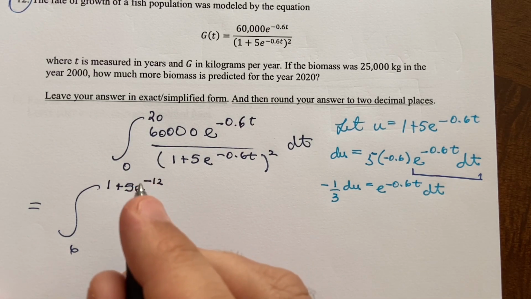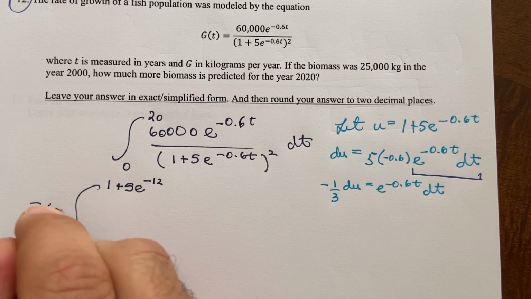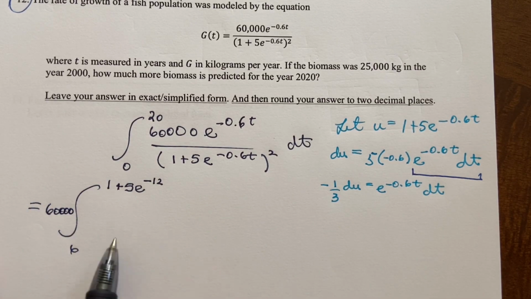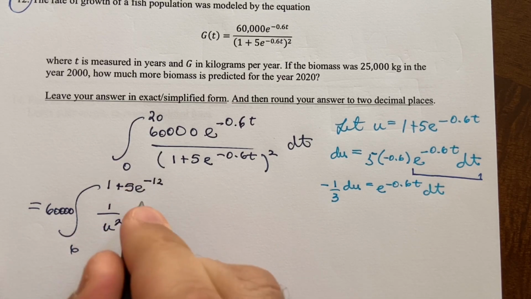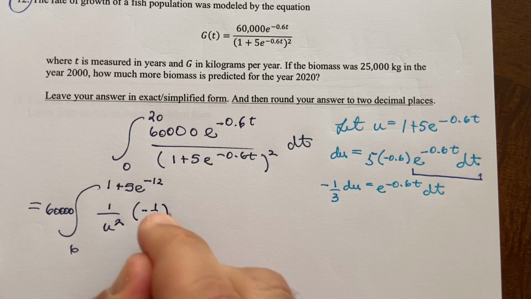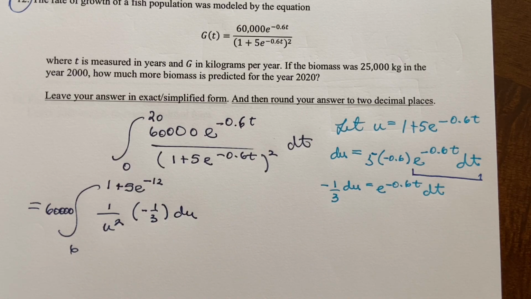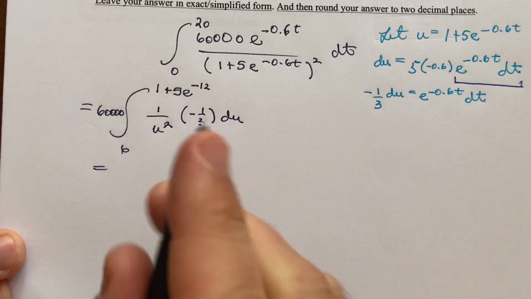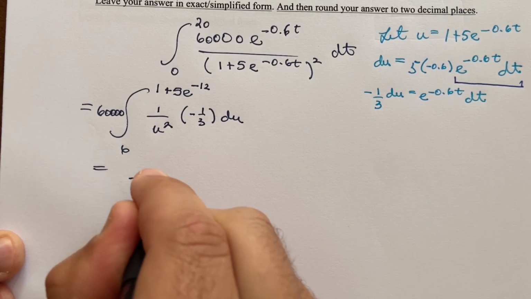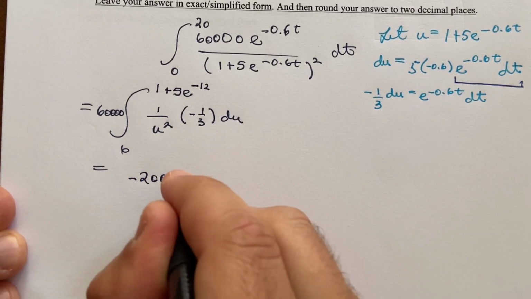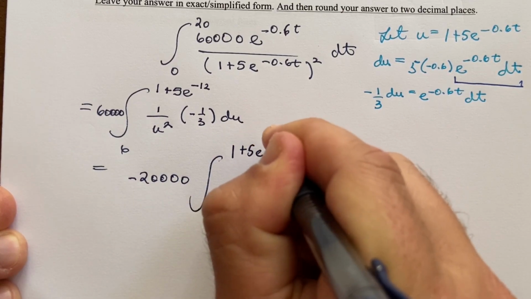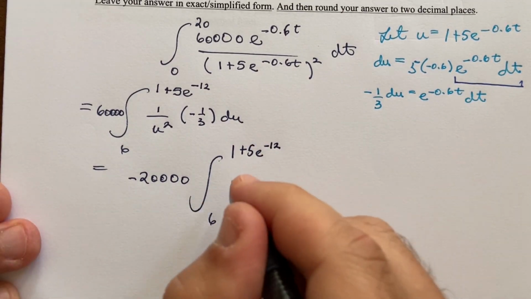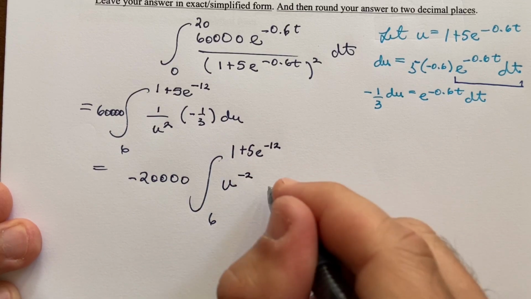And then we'll have, maybe I'll write the 60,000 out front. And then 1 over u squared times negative 1/3 du. So you can simplify that down to negative 20,000 if you bring out the negative 1/3. 6 to 1 plus 5 e to the negative 12 u to the negative 2 du.